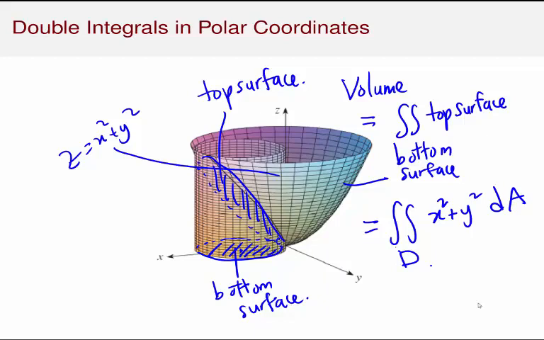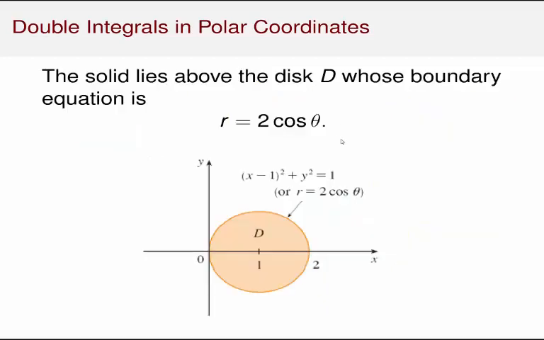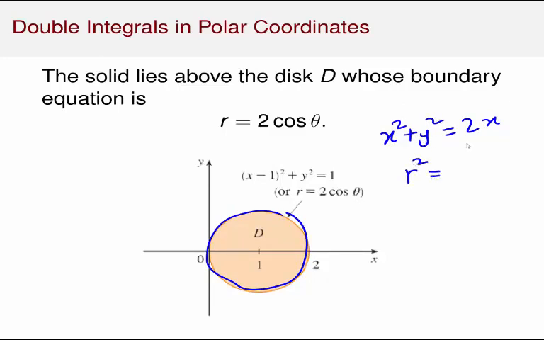Alright, so let us now describe the region D in terms of polar coordinates. Notice that the boundary of this region is given by x squared plus y squared equals 2x. Recall that in polar coordinates, the left hand side, x squared plus y squared, is equal to r squared, whereas the right hand side, the term 2x, can be replaced by 2 times r cosine theta.